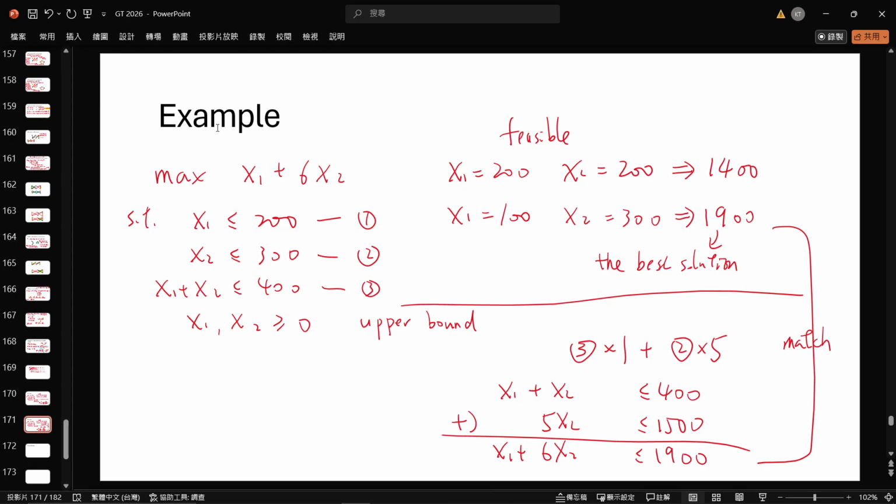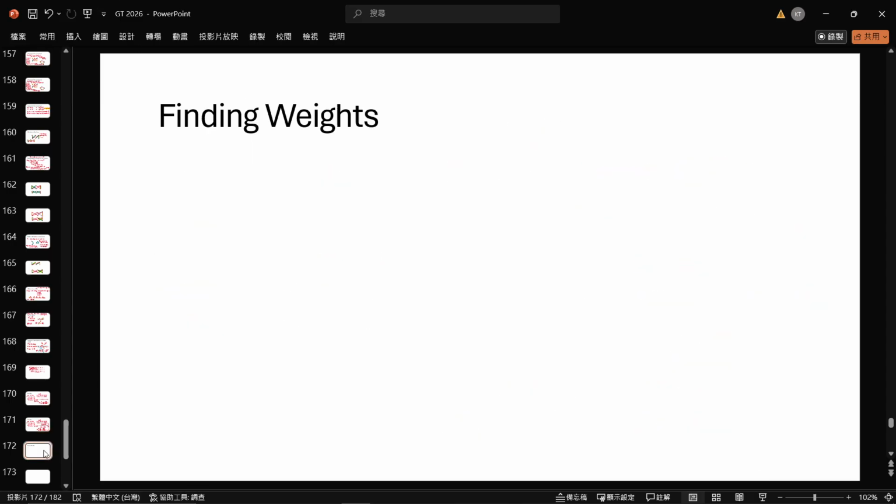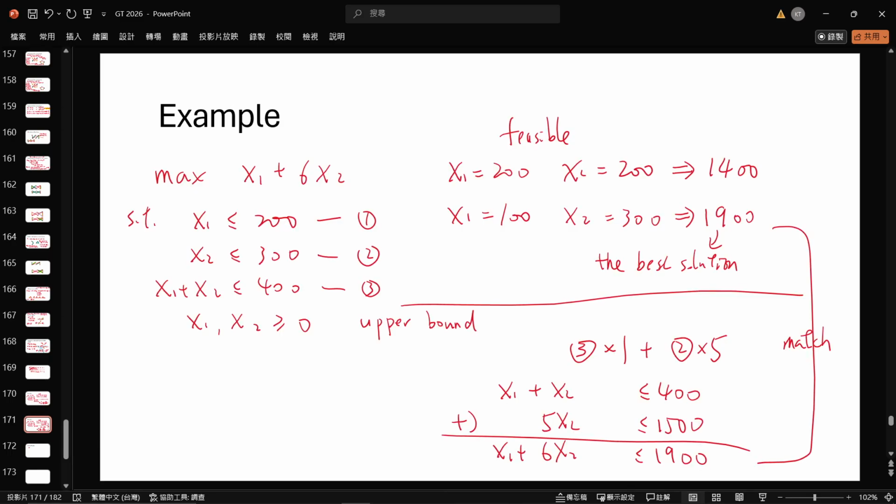The general idea is that I want to minimize. So this is the first step to realize that the problem we're going to solve is a minimization problem. We want to minimize this.